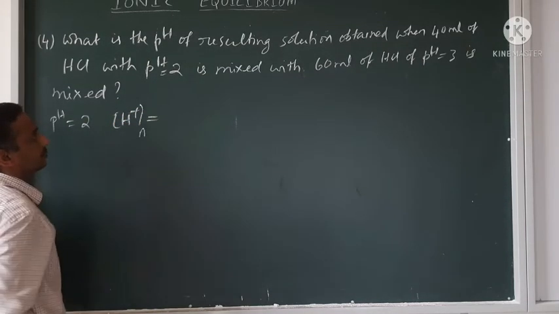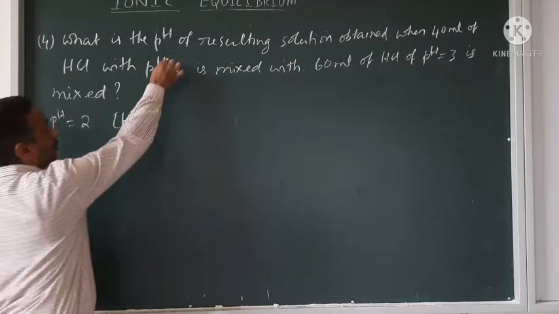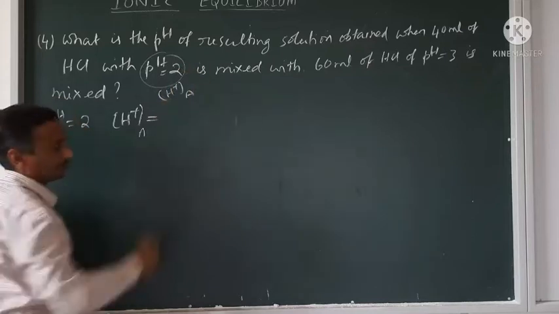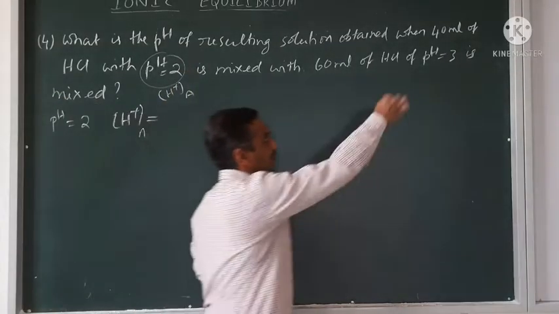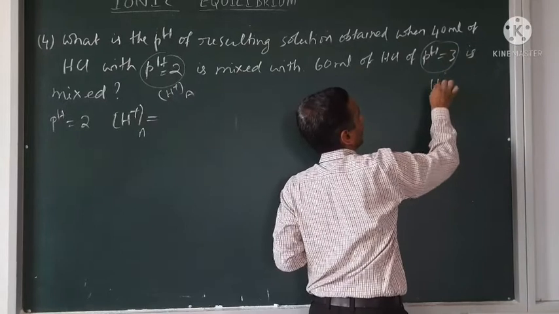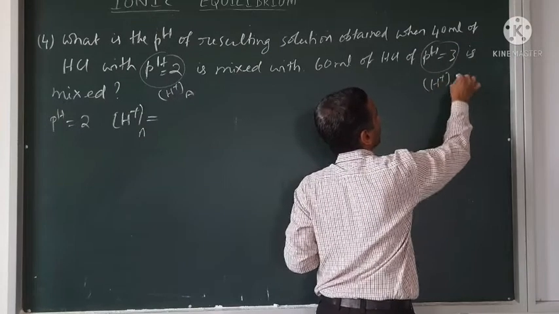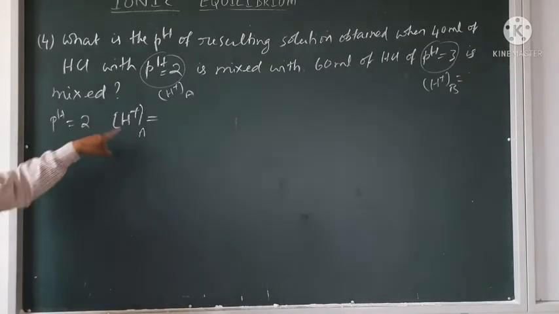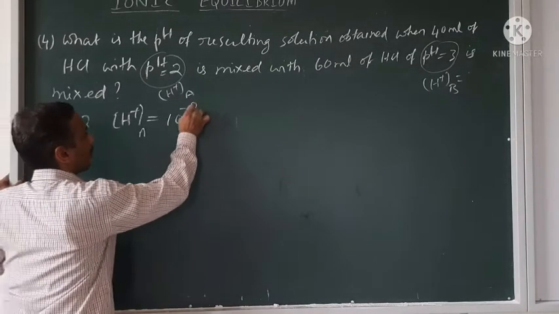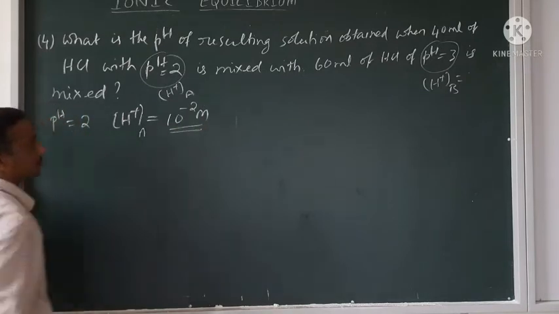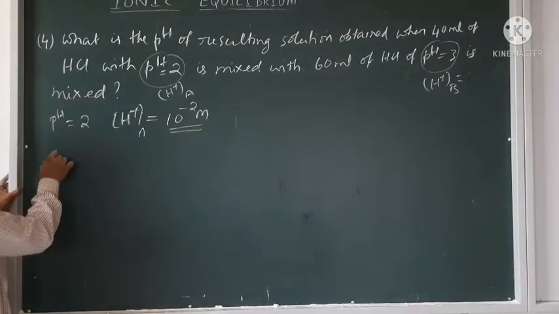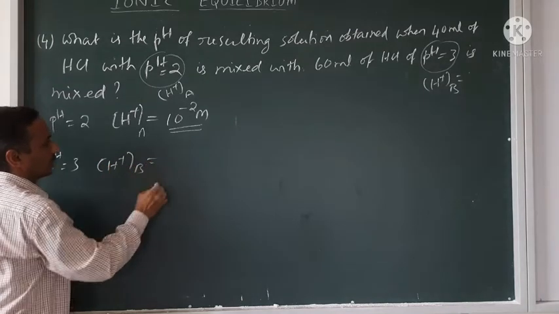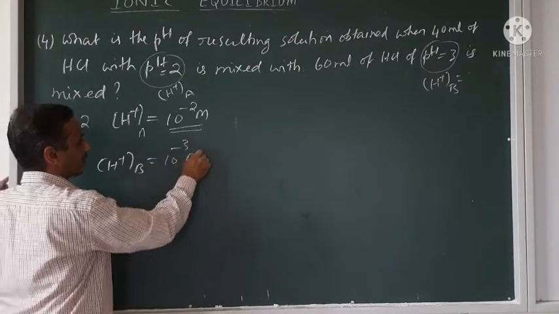I will take it as A solution. And when pH 3 is there, I will take the H plus concentration of B solution. So pH 2 means A solution has 10 to the power minus 2 M as the concentration. And for pH 3, the H plus concentration of the B solution will be 10 to the power minus 3 M.